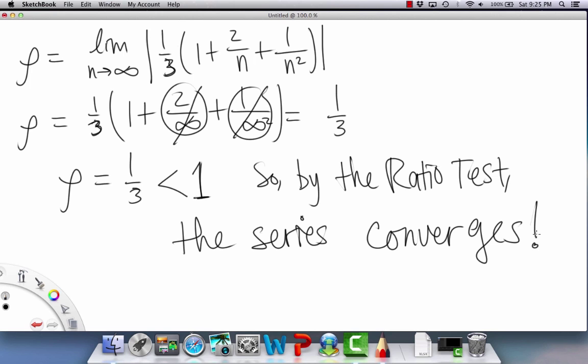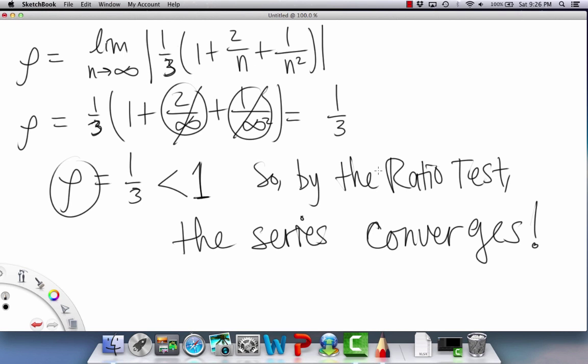Okay. So it's just that simple with the ratio test. You just set it up, see what your value for rho is, and then compare it to 1. See if it's less than, greater than, or equal to, and then you can make your conclusion. And sometimes your conclusion will be that the test itself is inconclusive, in the case of rho equaling 1.